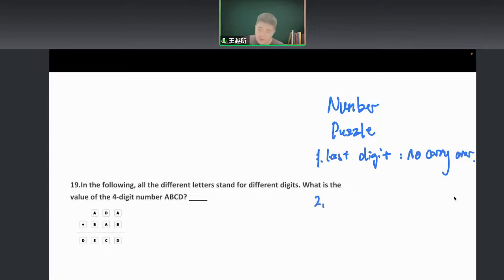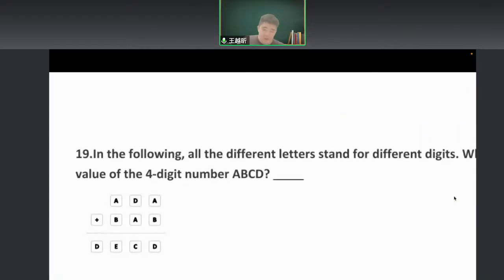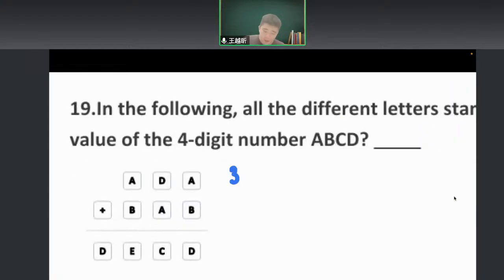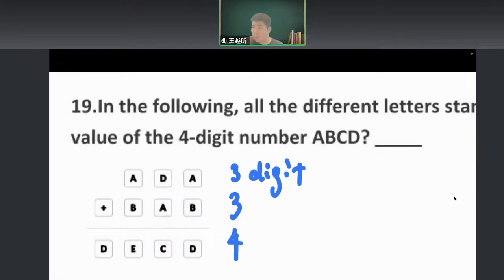And the second one is you need to look at the number of digits. For example, in this question, a 3-digit number plus a 3-digit number gives you a 4-digit number. So what is the first digit of the 4-digit number?